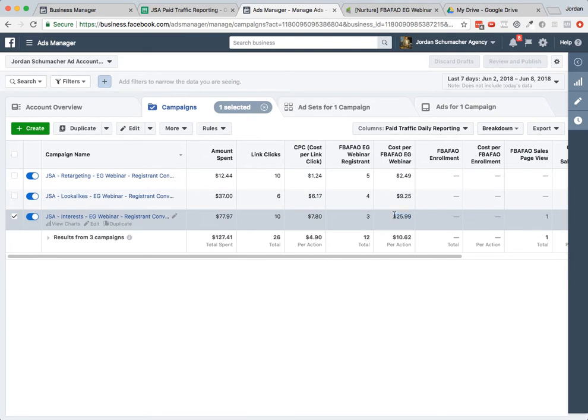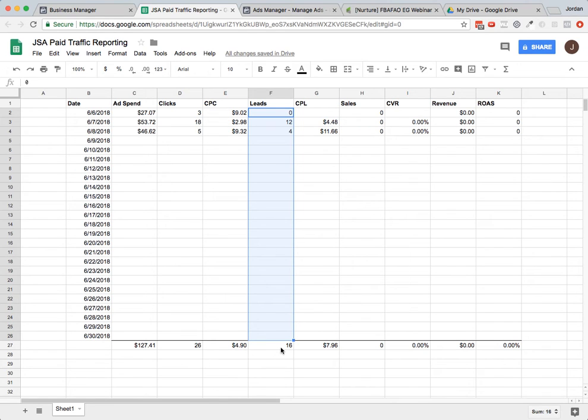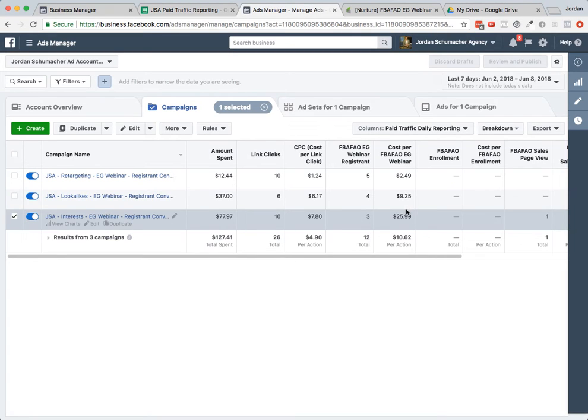So even though I don't rely on these numbers as absolute numbers, I rely on them to be directionally correct to make my optimization decisions. That's why I'm looking at these numbers in the ad platform to make optimization decisions, even though I don't actually report on those numbers. I report from my CRM for myself and for clients. So that was just a slight tangent.